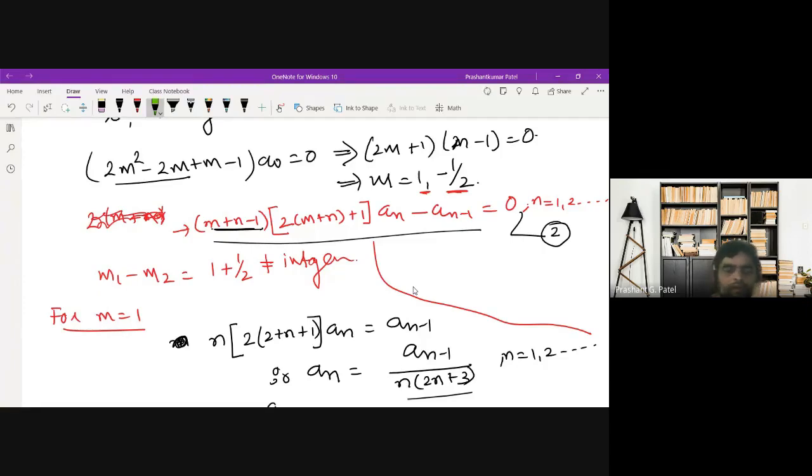So it is minus 1 by 2 plus n minus 1, and the second bracket we will have 2 into minus 1 by 2 plus n plus 1, an equal to an minus 1.